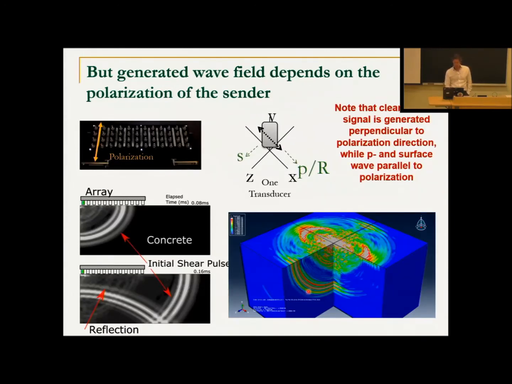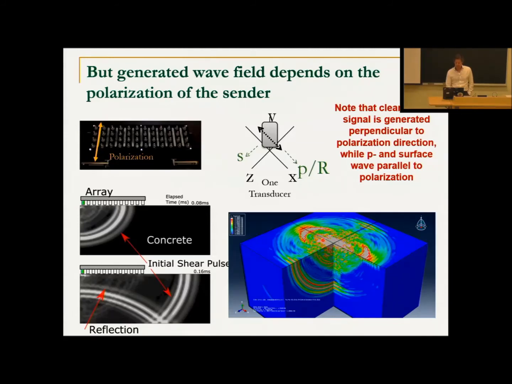So we generate this nice clean shear wave signal when the polarization direction is this way. So in the direction perpendicular to the polarization direction, we have a nice clean hemispherical shear wave signal that propagates into the body.